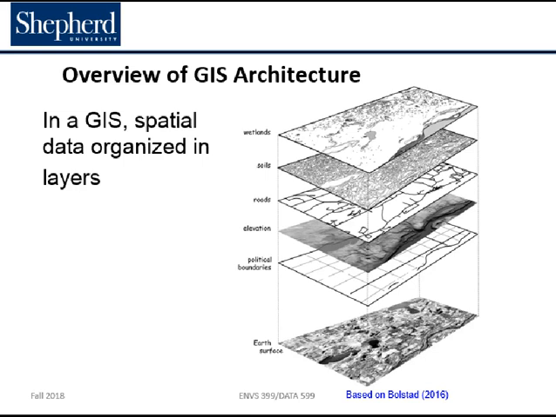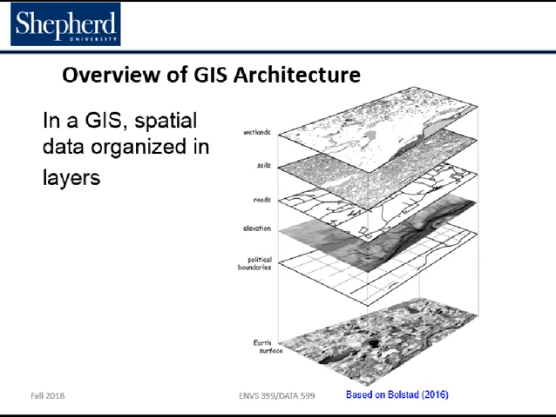As an example, consider a GIS database that includes a soils data layer, a population data layer, an elevation data layer, and a roads data layer. The roads layer contains only roads data, including the location and properties of roads in the analysis area.